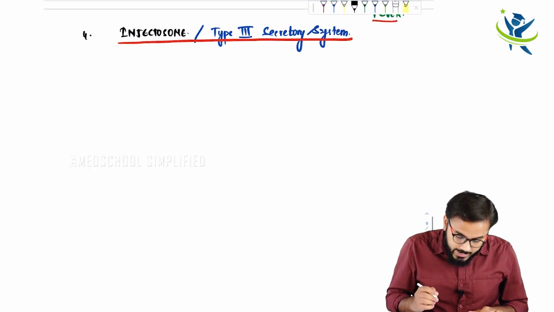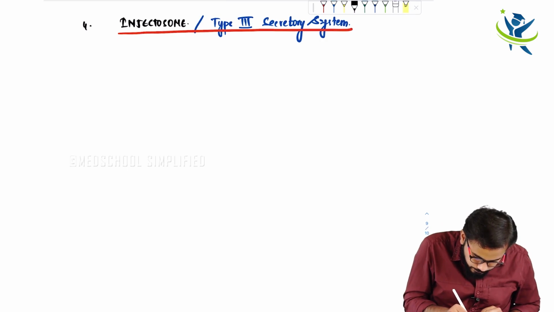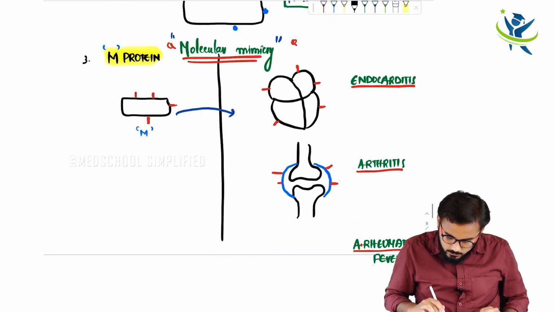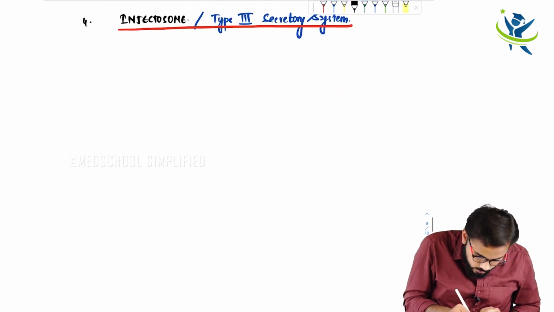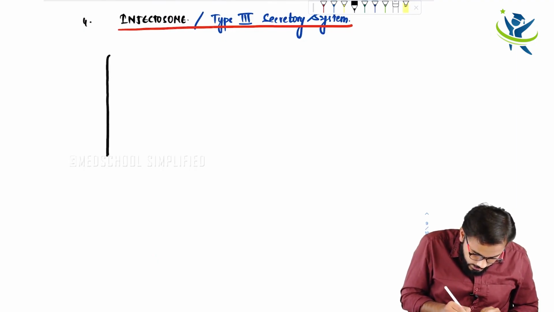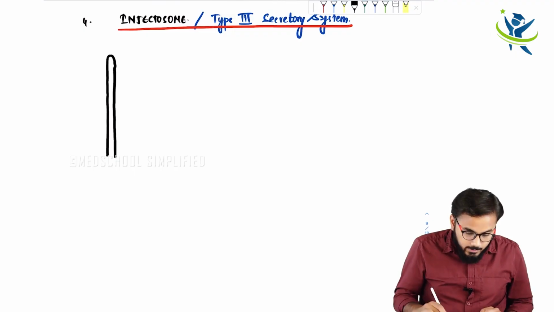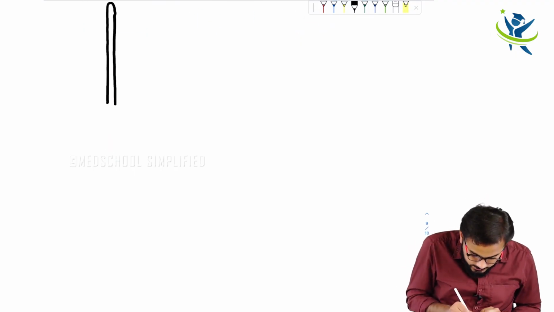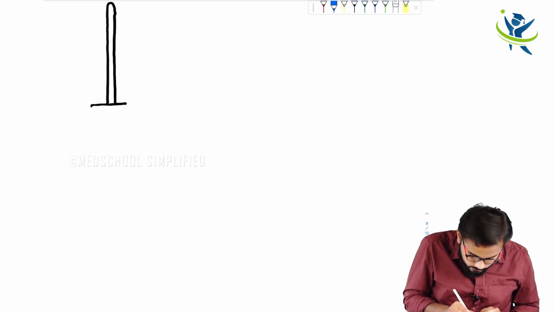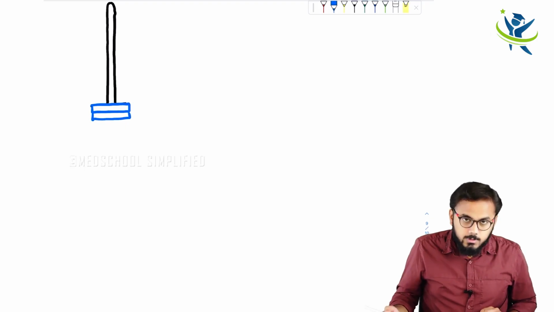This injectosome has got these things. Look here. This injectosome has got a sharp point like this, right? I will label the names later. Next, it has got something like this, right?